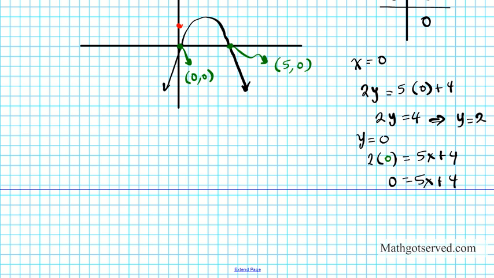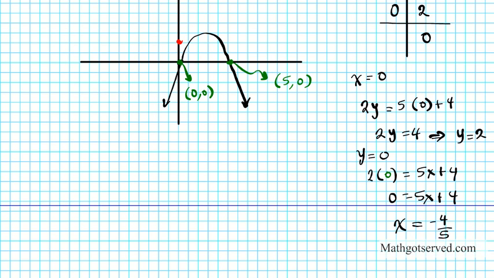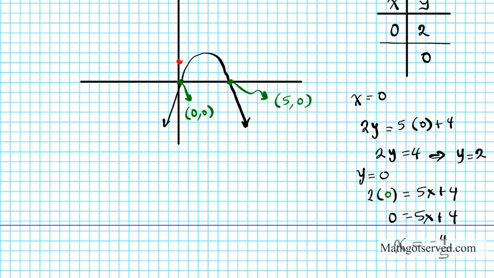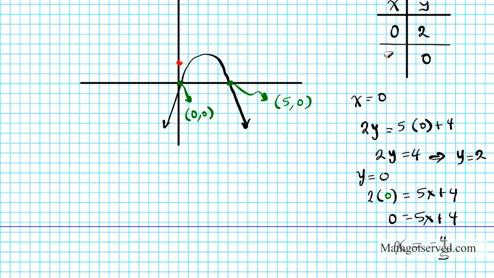Subtract 4 from both sides and divide by 5. So we're going to have x equals negative 4 over 5. Okay, so negative 4 over 5 is the x-intercept. All right, so negative 4 over 5 is going to be somewhere here, right there, not completely 1.